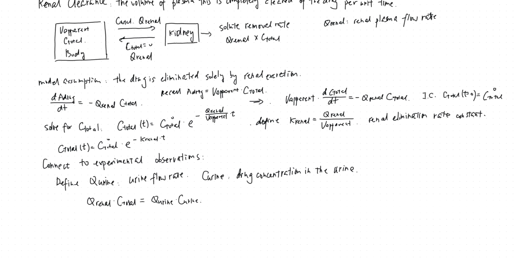So this helps us solve for Q renal. Q renal is C urine divided by C total multiplied by Q urine.